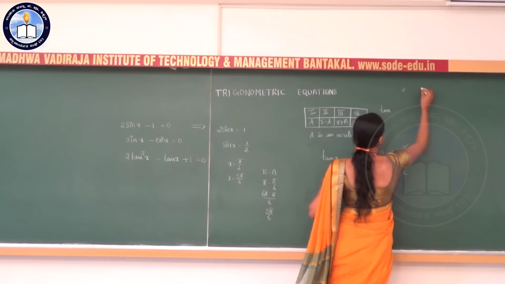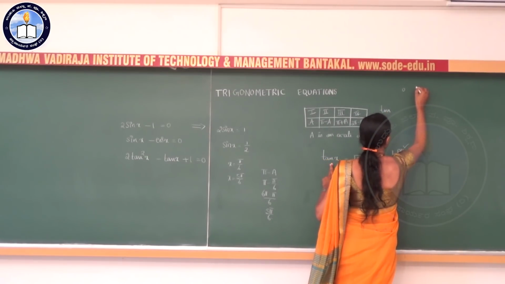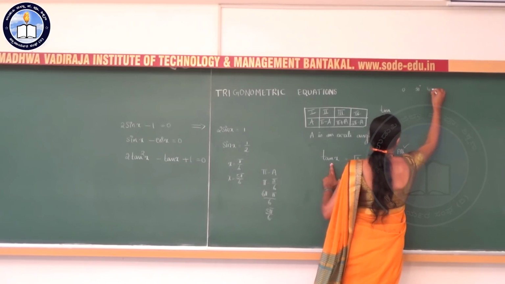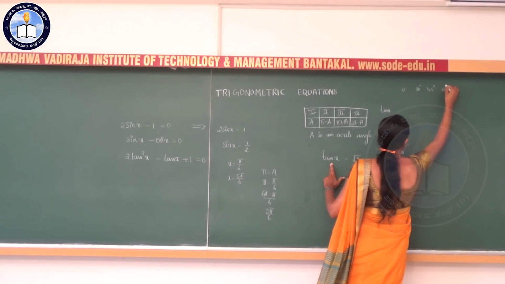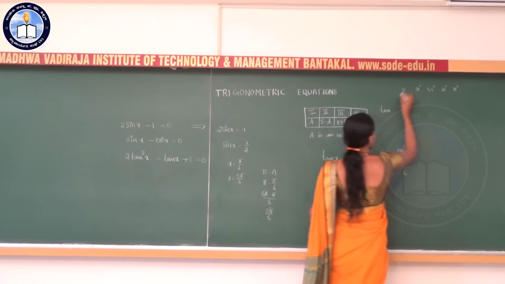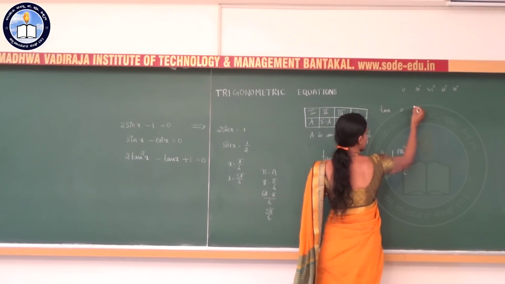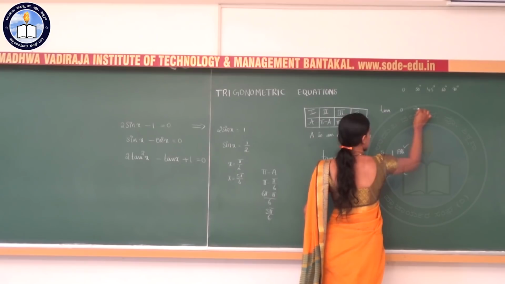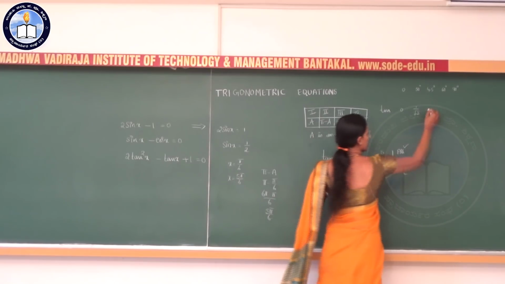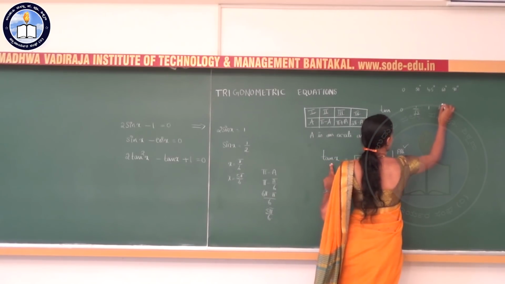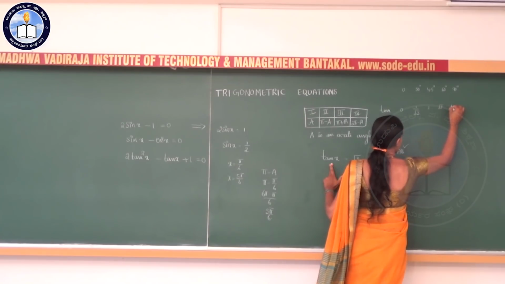If you consider the table, tan 0 is 0, tan 30 degree is 1 by root 3, tan 45 is 1, tan 60 is root 3, tan 90 is not defined.